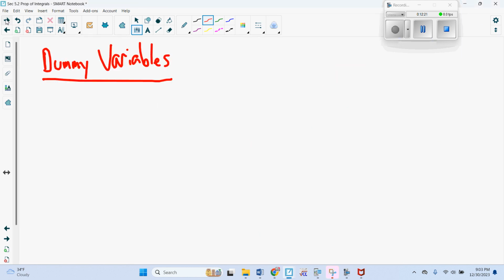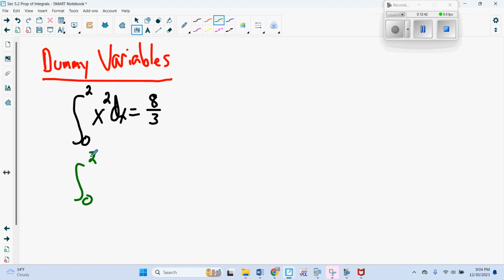Now, one of the things I want to mention with all of our integrals is the idea of dummy variables. And what does that mean? Well, we just said if we have the integral from 0 to 2 x squared dx, that is 8/3. The important thing to understand, when you do this integral, I could say this is the integral from 0 to 2 of t squared dt.